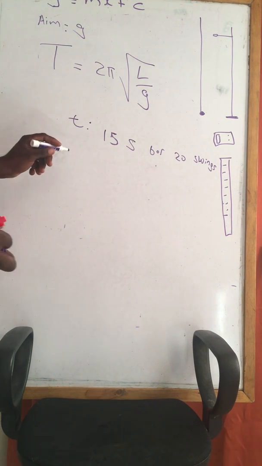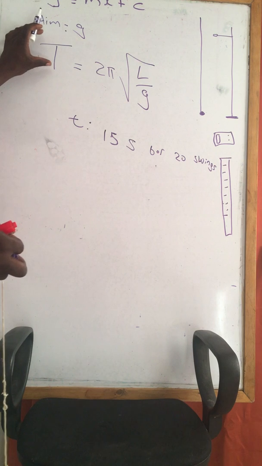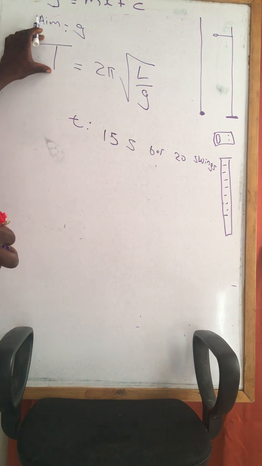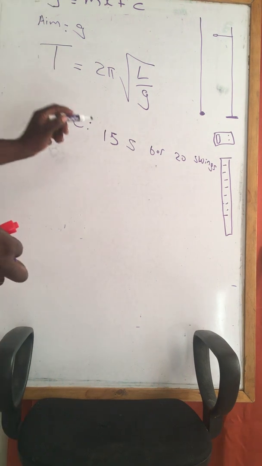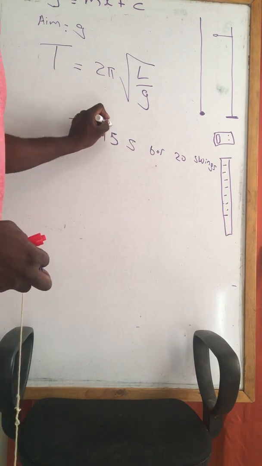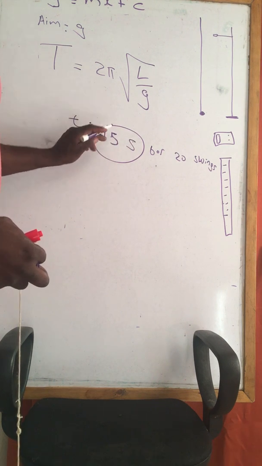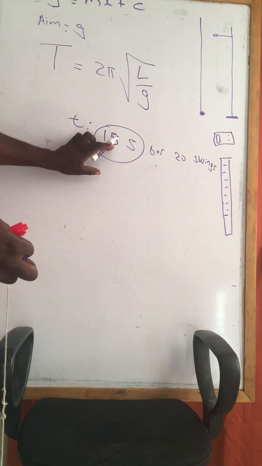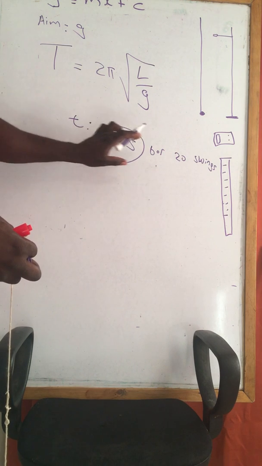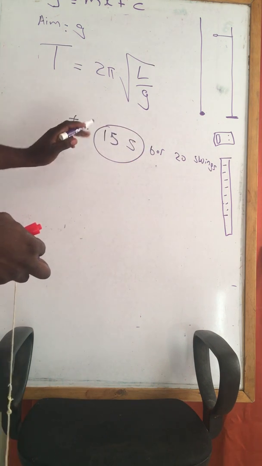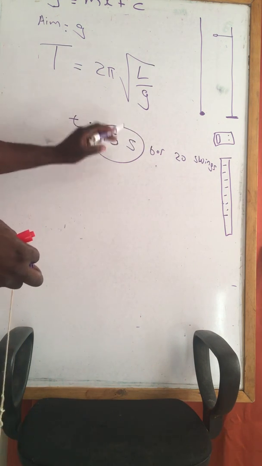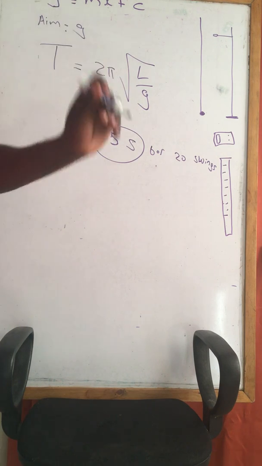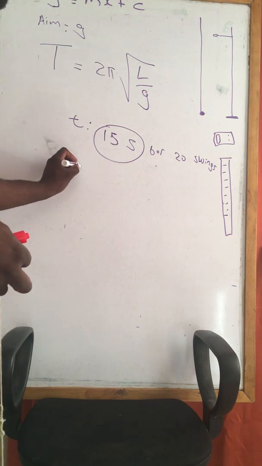What is the time for one swing, which would equal big T? That is the question. And the answer is, you simply divide the 15 seconds, because this represents 20 swings, so one swing would equal 15 divided by 20.